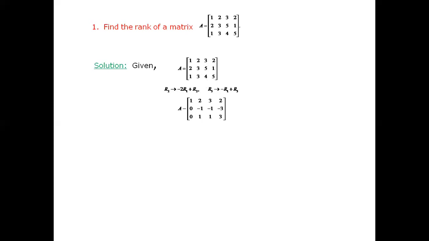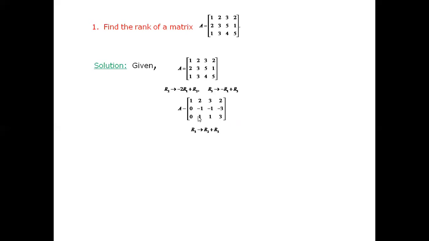The first row is over. We'll concentrate on the second row. Now the second row, second element is a leading entry, that is minus 1. It is non-zero, so by keeping this row as it is, we'll make the element below this leading entry 0. What transformation can I use?